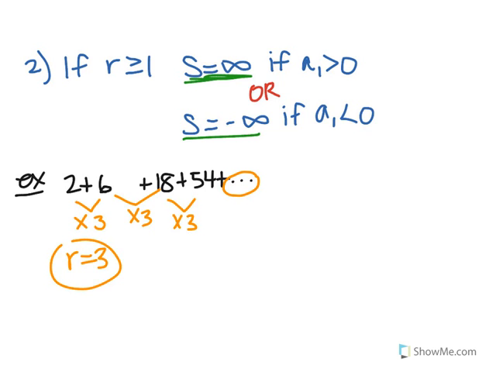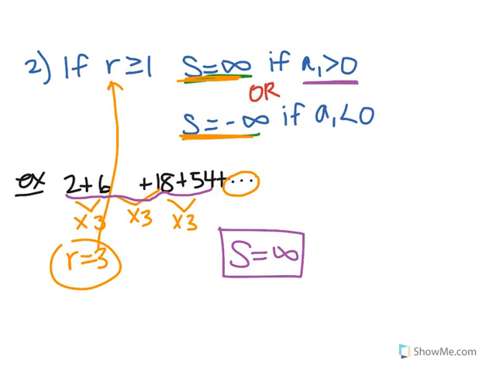Notice that this is bigger than or equal to 1, so I know my answer is going to be infinity or negative infinity. If you just look at this sequence, 2 plus 6 plus 18 plus 54, the numbers are getting larger, so the sum is going to get larger. And since the first term is positive, that means the sum is going to be infinite. If I were to keep adding more and more terms, the sum would just get bigger.